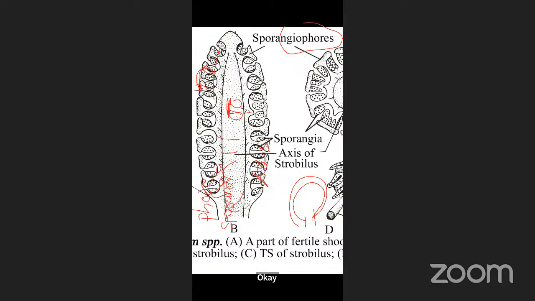While you read about Marsilea, compare with Lycopodium and Equisetum. How the sporophyte varies, how the cone varies, how the gametophyte varies. Almost gametophyte, no variation, 99% same. The only variation is sporophyte structure, reproduction, cone structure, strobilus structure.